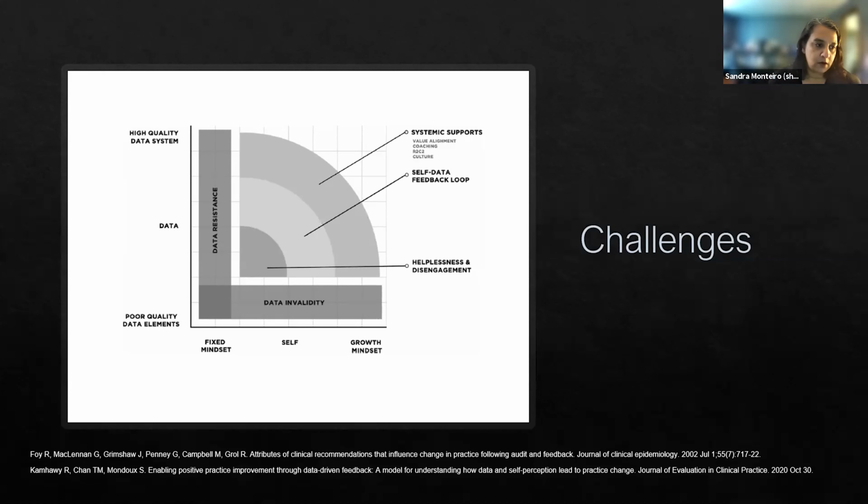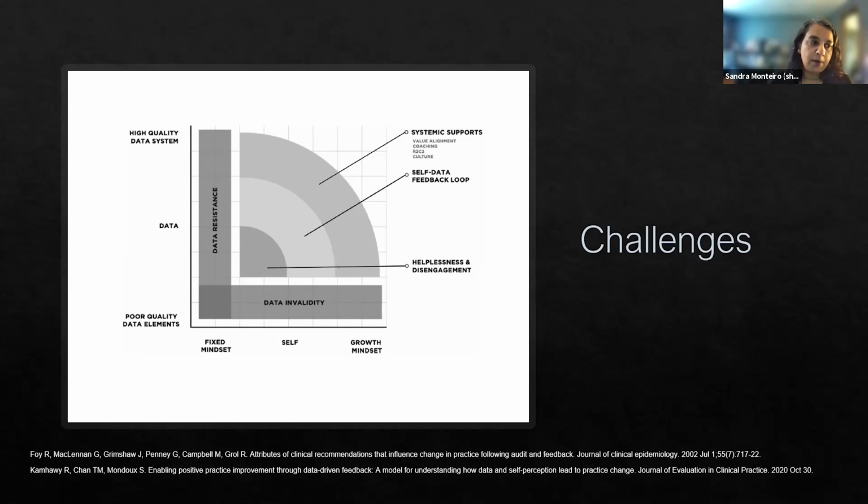What you'll see is that on the x-axis, there are considerations around their personal mindset around learning, self-development, lifelong learning, all of those characteristics. And then on the y-axis, there are also factors related to the validity or the perceived quality of the data that they're receiving.